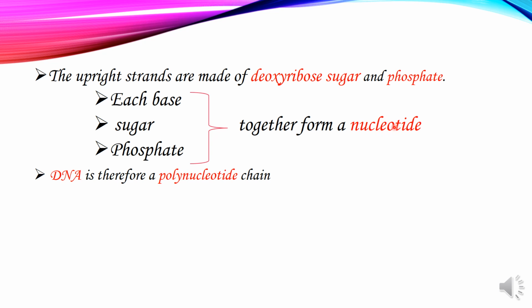What's the relationship between DNA and the nucleotide? DNA, therefore, is a polynucleotide chain. Poly means many or a lot. So DNA is a polynucleotide, which means DNA is made up of many nucleotides. That's why it's known as a polynucleotide.